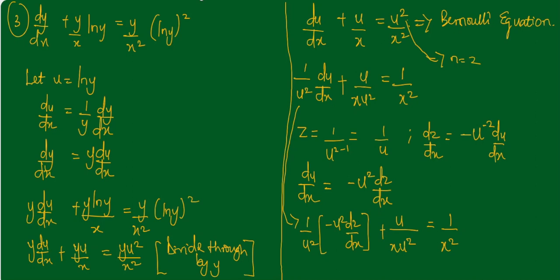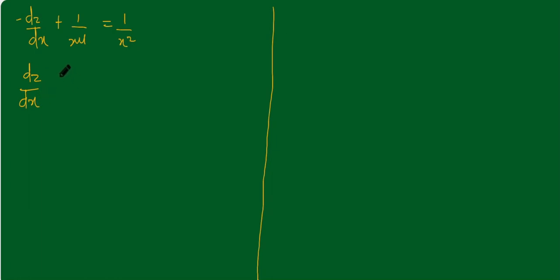So we can go ahead to simplify this to become minus dz/dx plus 1 over xu is equal to 1 over x squared. So we have dz/dx, on multiplication by minus 1, minus 1 over xu is equal to minus 1 over x squared.